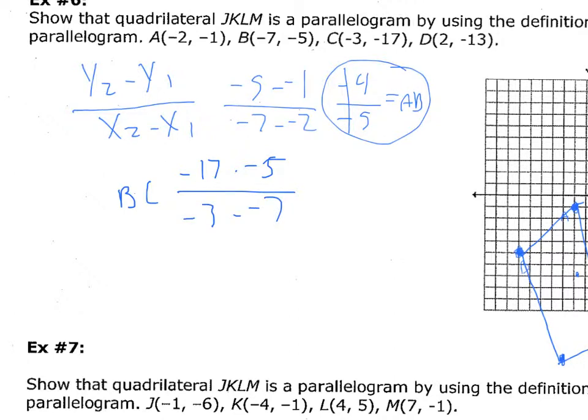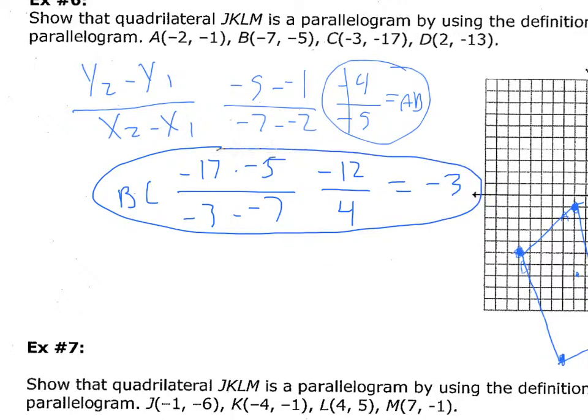Tons of negatives. Negative 17 minus negative 5 gives you negative 12, and negative 3 minus negative 7 gives us 4. Negative 12 divided by 4 would give us a slope of negative 3. So BC has a slope of negative 3.